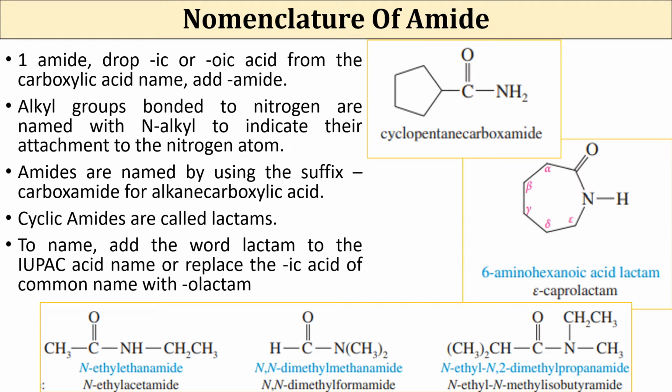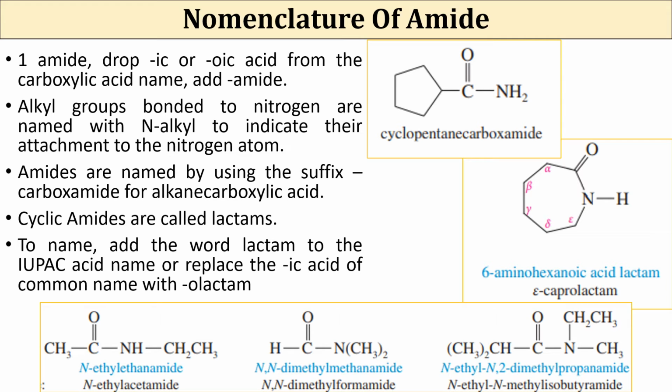Nomenclature of amides. First degree amides, also known as primary amides. To name a primary amide, first name the corresponding acid, drop the -ic acid or -oic acid suffix and add the suffix amide.